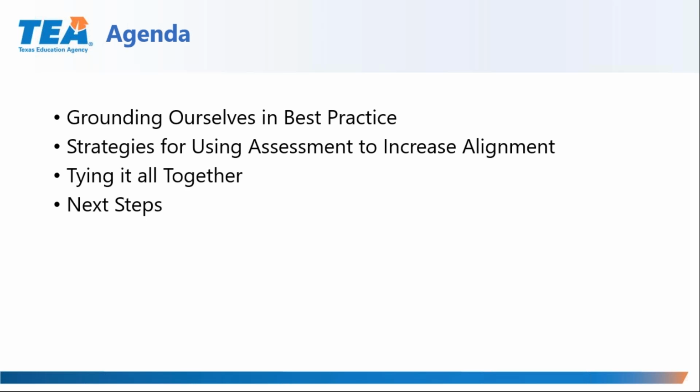So again, that's where you need that position statement located in the handout section. We will then talk through strategies for using assessment to increase alignment. Then we will tie everything together using that theory of change that we always come back to in our webinars. And then finally, as usual, we will talk through next steps.